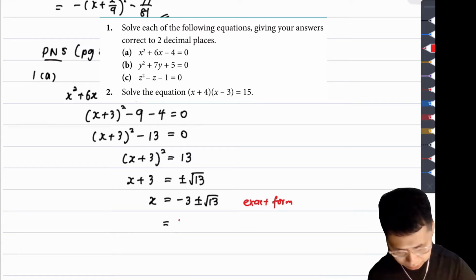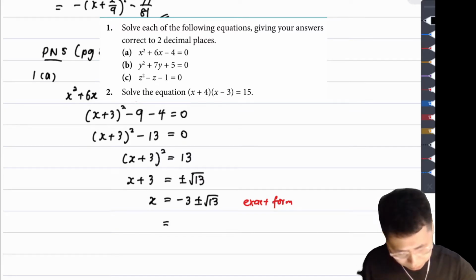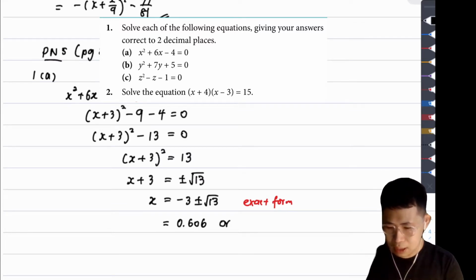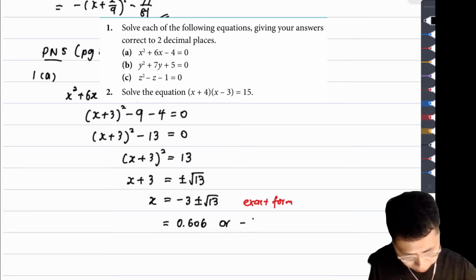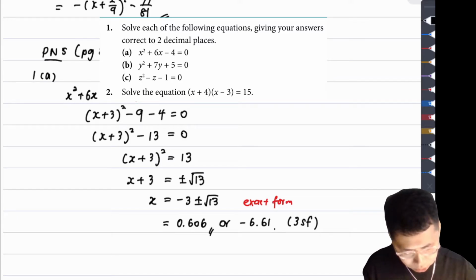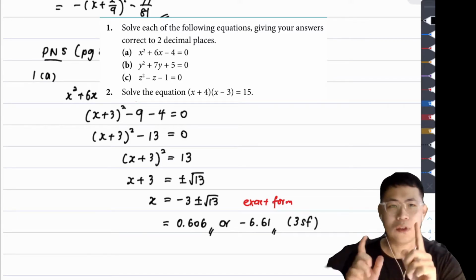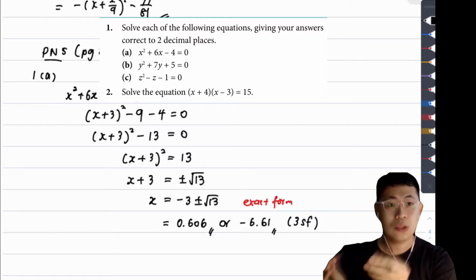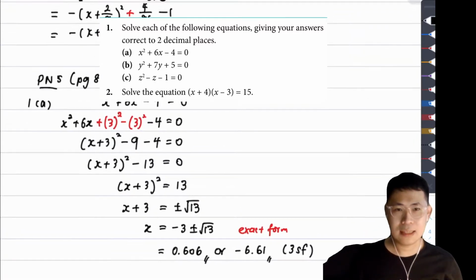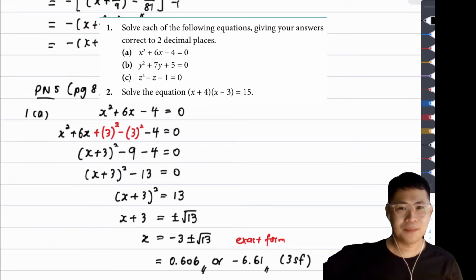We get 0.606. Then the minus one, negative 3 minus root 13, negative 6.61. So these are our two answers in 3SF. And you can observe that when we do such things, our answer is actually not an integer.